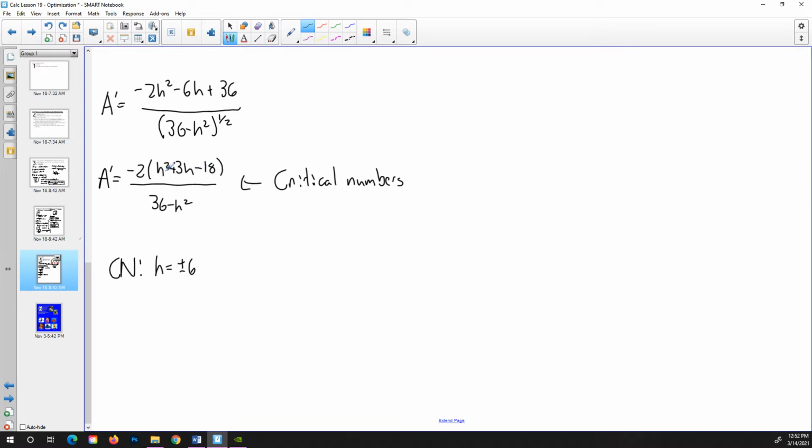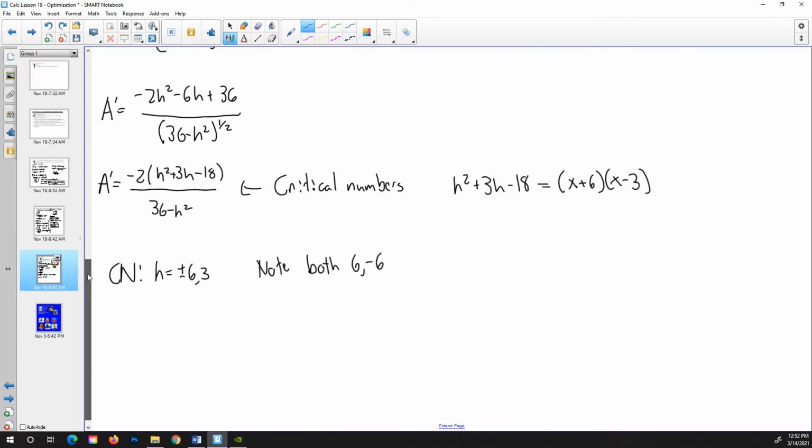And then if I factor this expression here on top, h squared plus 3h minus 18, that thing factors, two factors of negative 18 that add up to 3, x plus 6, and then x minus 3. And that gives me the critical number negative 6, which I already have, and then positive 3. And so I note both 6 and negative 6. Now let's go back up to the original problem.